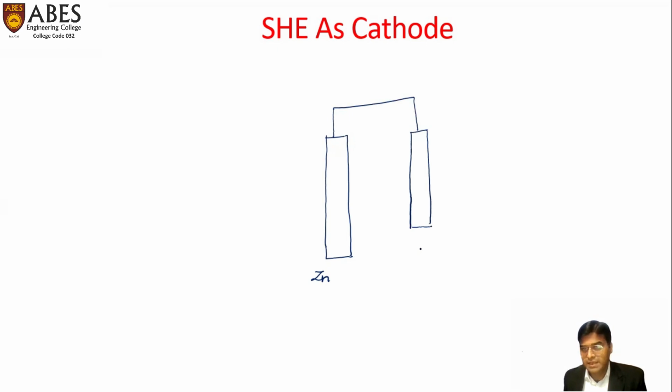So this is SHE. Here the zinc rod works as anode and the standard hydrogen electrode works as cathode. Because it undergoes oxidation, electrons are accumulated on it. So this accumulates the negative charge. These electrons move toward the cathode, and it is working as the positive electrode.